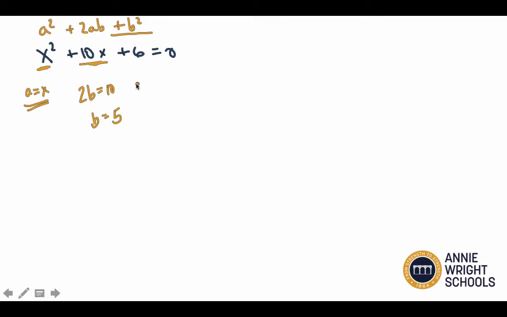So what I need to do is I need to add 25. Now you can't just add 25 to one side without adding it to the other, right? And I don't really need to add 25, I just need to add something that gets this to be 25. So what I'm going to do is I'm actually just going to add 19.